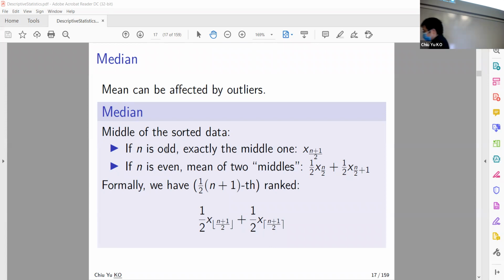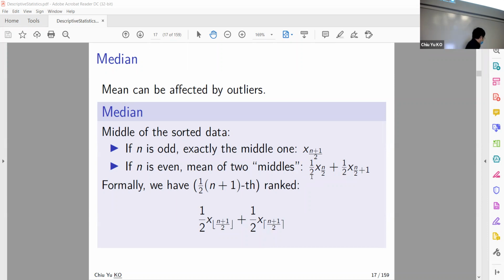But what about even? Where n is even, it is not clear what is in the middle. Suppose there are two observations, which one is the middle? It would be halfway between the two observations. So as a compromise, we use the mean of the two. You can imagine this interpolation.